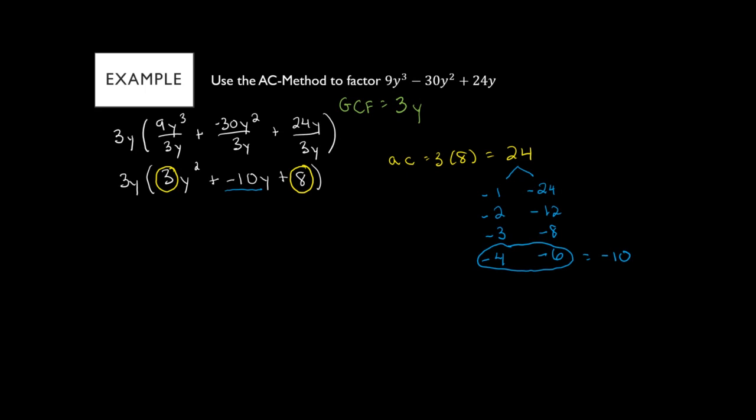So I'm going, if I can get my color coding, my pen does not want to change color. Oh well. Okay, so it doesn't want to change color, so it'll just stay. I've got 3y, and then I'm rewriting the middle. 3y squared plus negative 4y plus negative 6y, then plus 8, and then close my parenthesis.